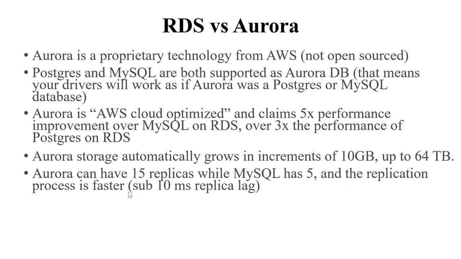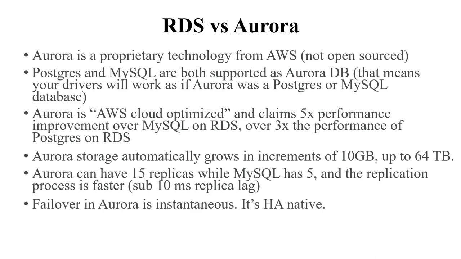The replication process is also very fast compared with the normal MySQL read replica. The failover in Aurora is instantaneous and it's natively highly available. Aurora provides cluster concepts, so in case a failover happens, it automatically manages the high availability. It's an internal feature which we can have.